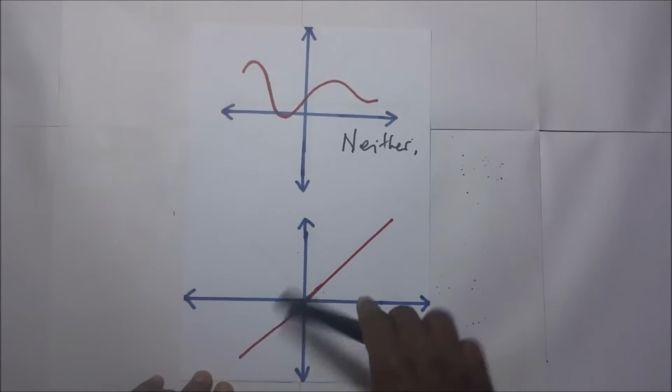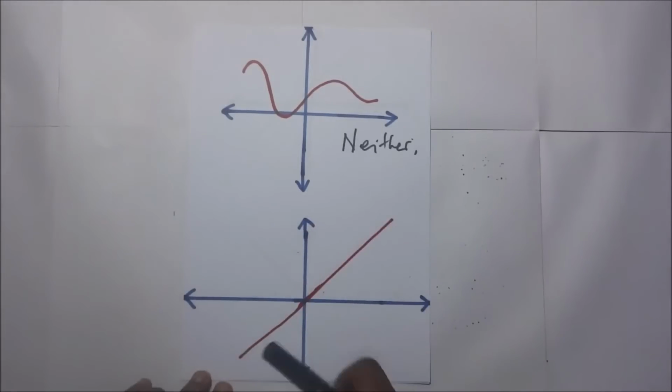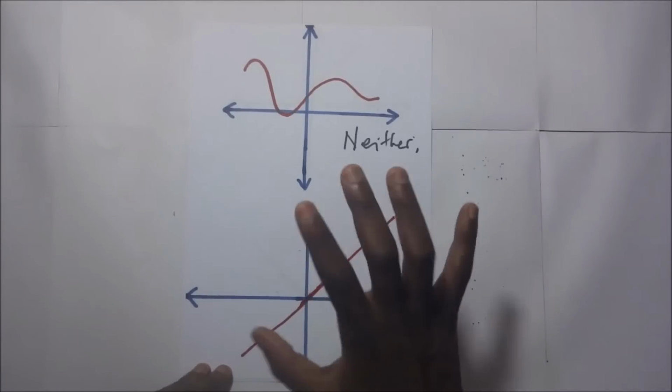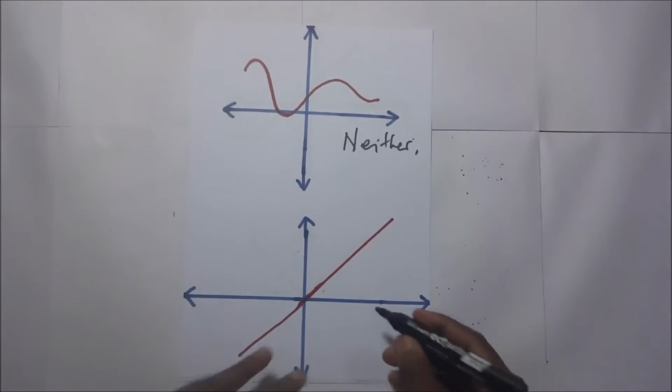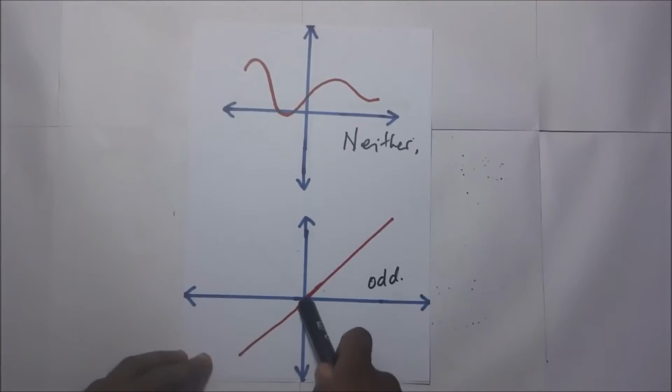In other words, if you turn this 180 degrees, it would look exactly the same. So it means that this is an odd function, since it's having a rotational symmetry about the origin.